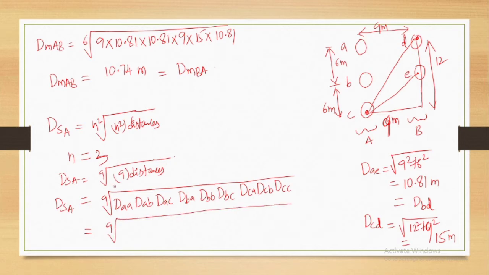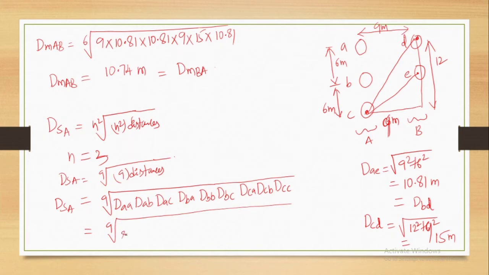Now it is the ninth root of, what is DAA? A to A distance is always R dash. R dash value is nothing but 0.7788 into R. And for the go conductor, means for the forward path, the radius of the conductor is given as 2.5 millimeter.